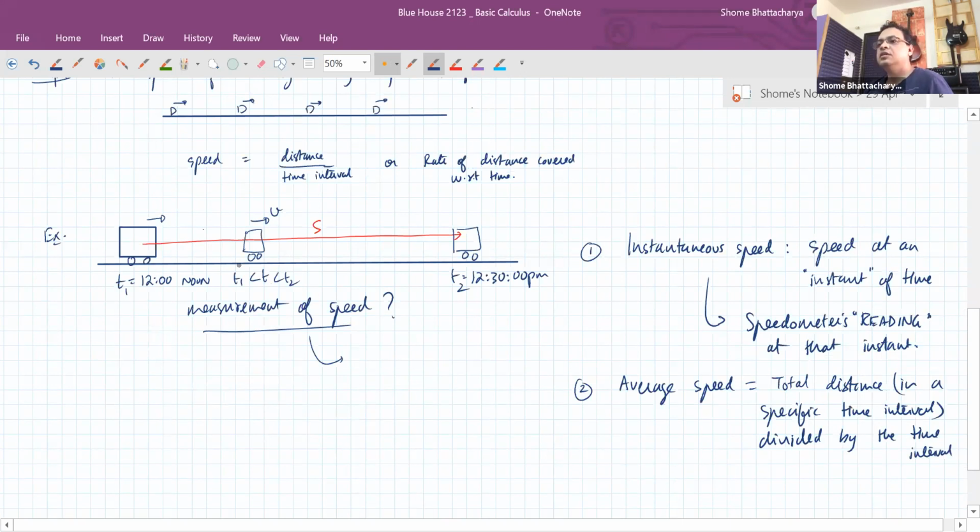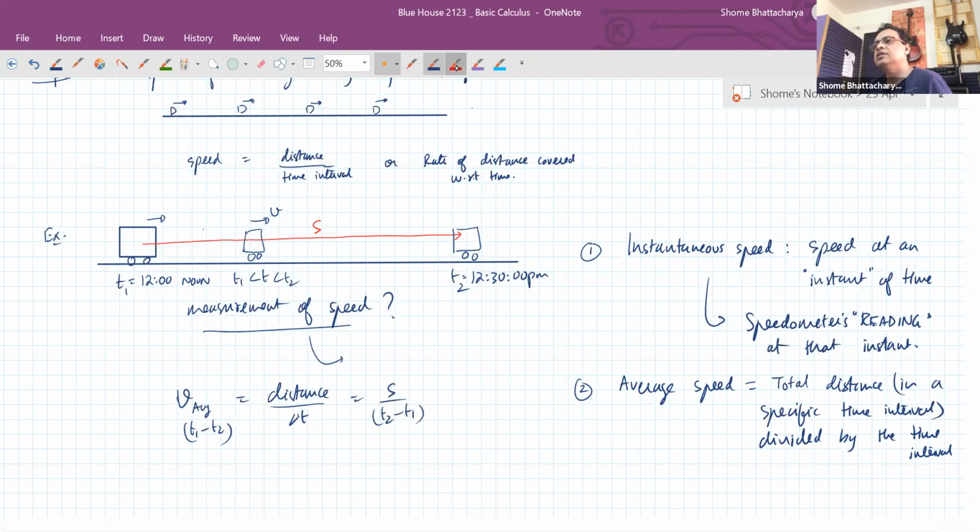So, for example, here if I know this distance s, okay, then I will say that the average speed for the time interval t1 to t2 will be equal to the distance divided by the time interval. So that will be s divided by t2 minus t1.